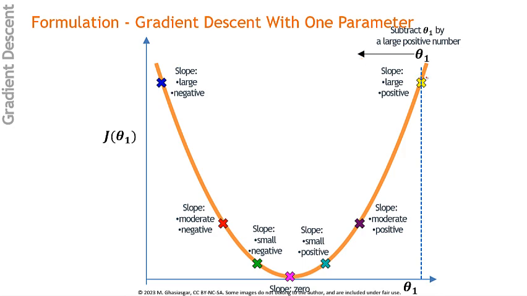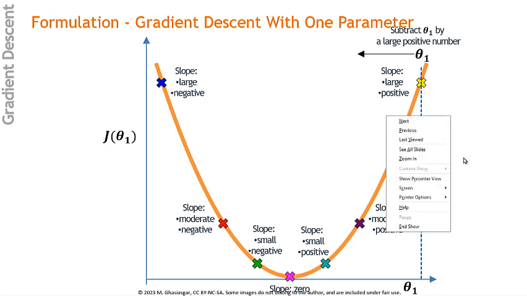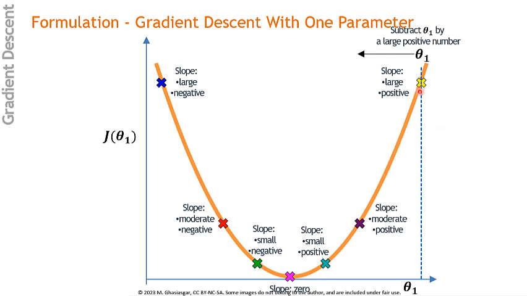Because if the slope is large and positive, it's becoming less and less positive as we go along. Here, let me change my pointer so you can see what I'm doing. But if it's large and positive, that means it's going to take quite a while to start to even out to zero. So if I have a large slope, I can probably get away with a large step.